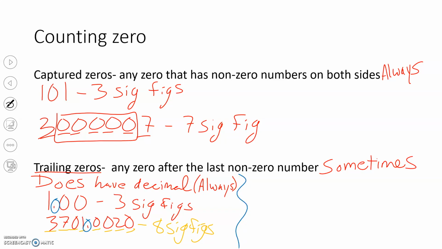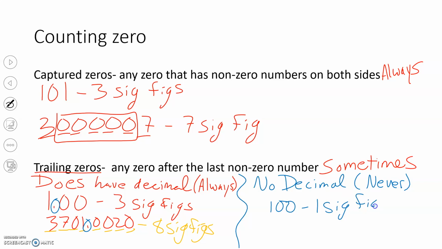Now, if there's no decimal place, no decimal, they're never significant. So if I have 100, this only has one sig fig. 101,000 has 3 sig figs.